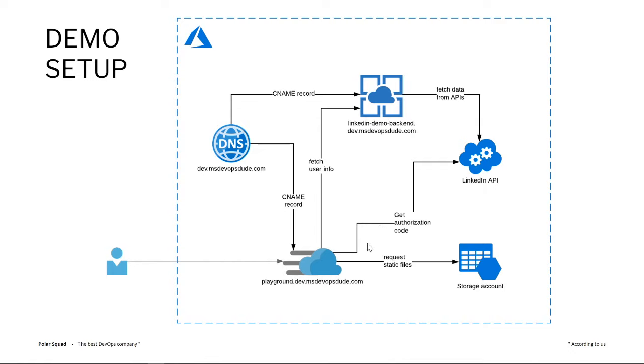So I didn't want to leak my LinkedIn app's client secret. So that's why I separated my fetching of data into this simple backend, so that I can secure at least my LinkedIn app secret. So that's the only reason.